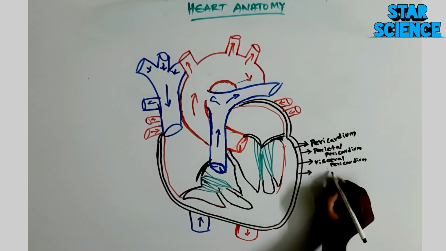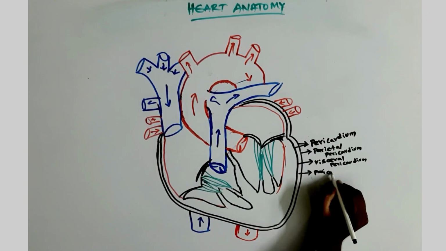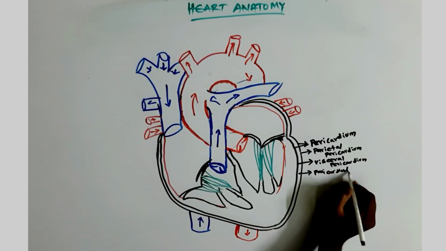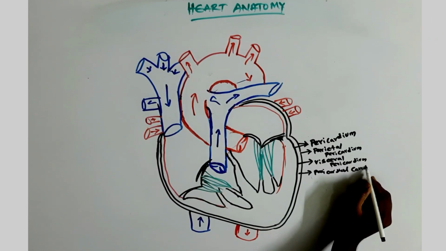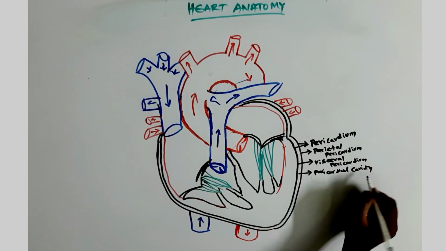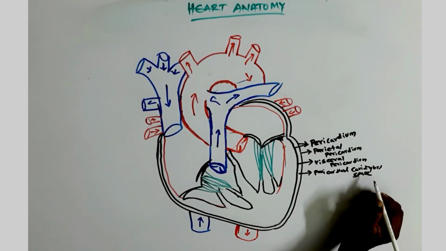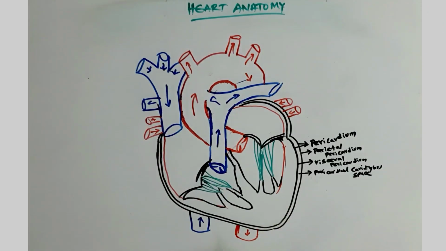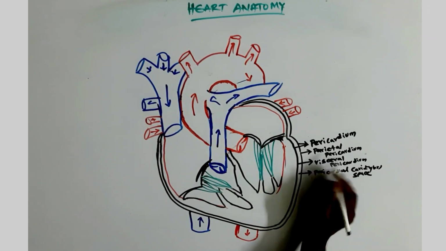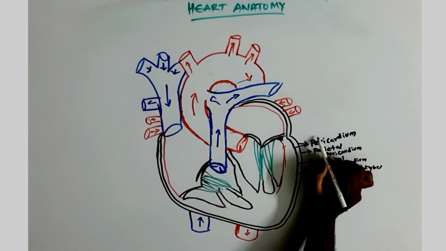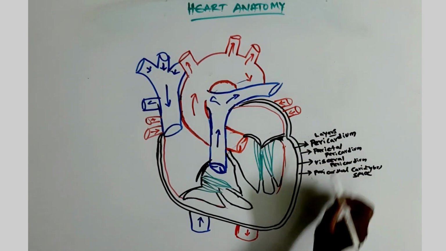We'll discuss the two layers later in this lecture when we go into the internal structure of our heart. So our pericardial cavity separates the parietal pericardium layer and the visceral pericardium layer.